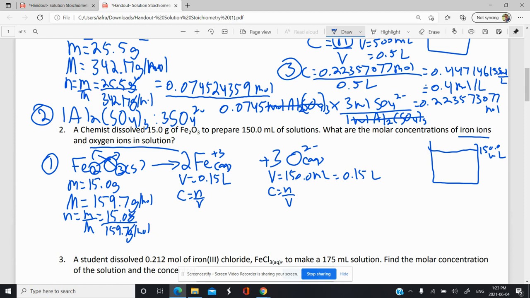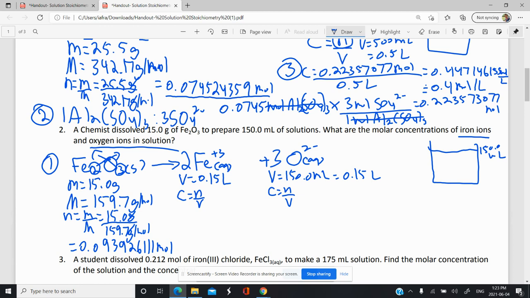Cross those out and we get 0.093926111 moles. Perfect. Thank you. So that's the number of moles of iron 3 oxide that we have.